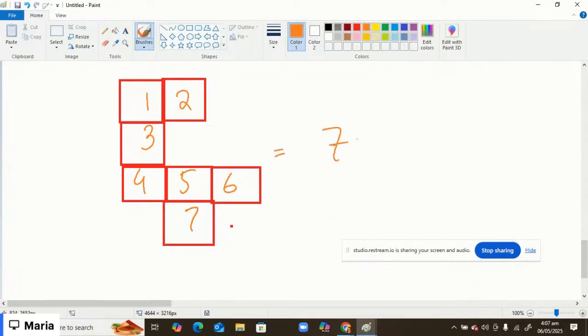So it's 7. That is a total of 7 square units.